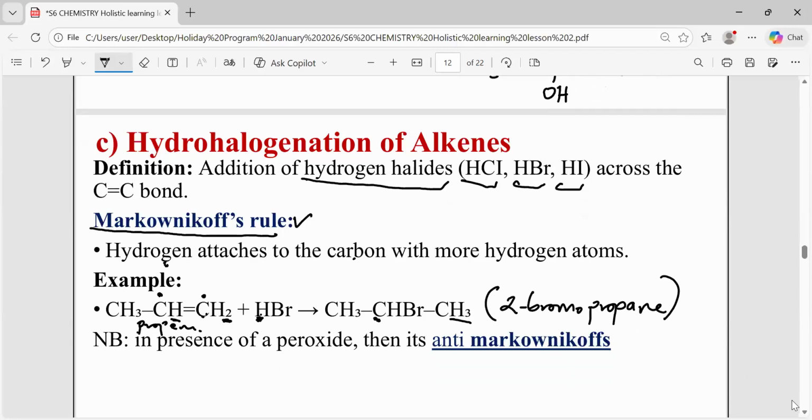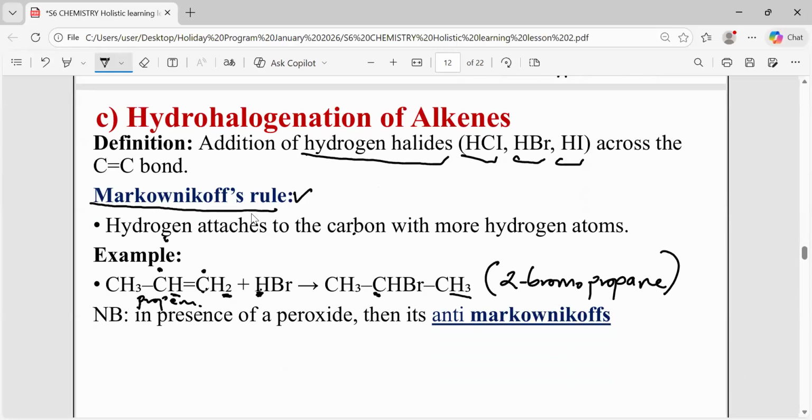And now we say that if we don't use Markovnikov's, there is what you call anti-Markovnikov's. The anti-Markovnikov's works if there is a presence of a peroxide, like an organic peroxide, which can have an alkyl group and another alkyl group.